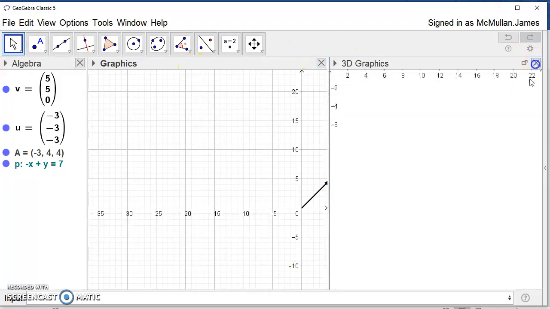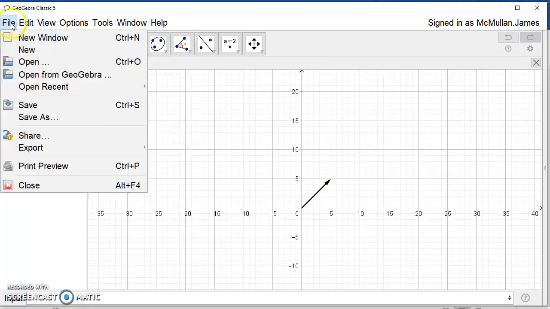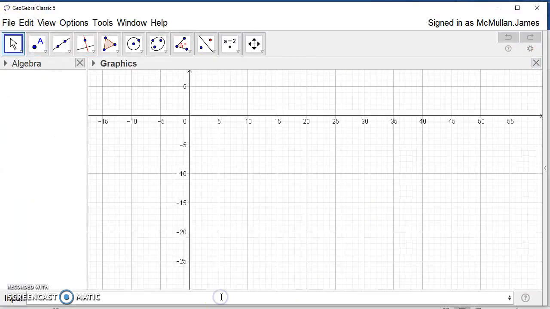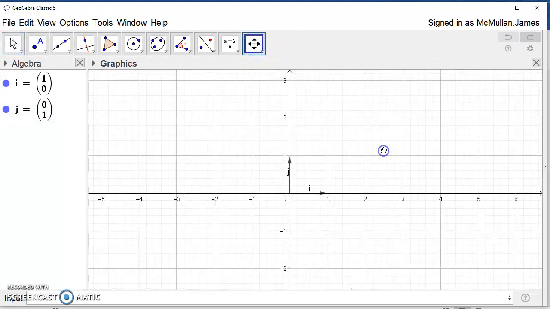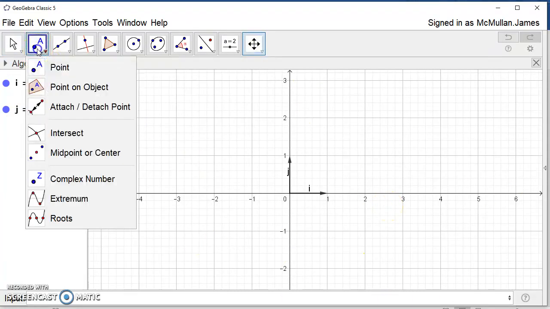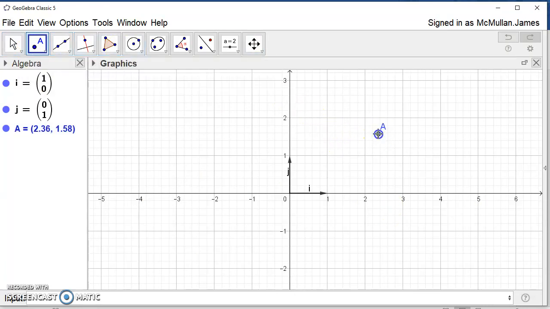So, get rid of the 3D for a sec. And then we're going to make two vectors here, i equals 1, 0, and j equals 0, 1. Now, of course, it should be obvious that anywhere on this plane, and by plane I mean the surface of the screen, or in your case, the surface of your desk, any point can be located by starting at some point B and adding a certain amount of i and j, right? So for example, let's just make this a little easier for myself. We'll put these at nice snappy points.